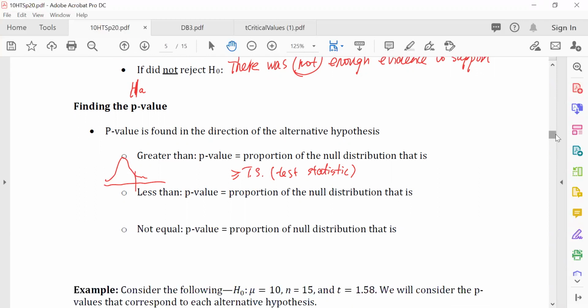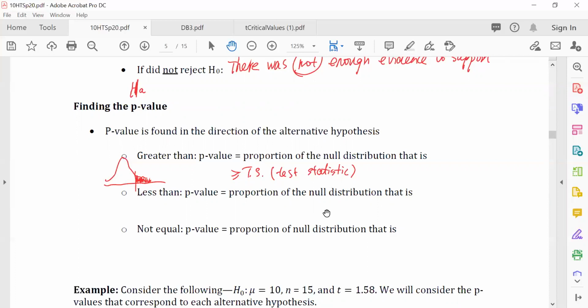So the p-value is the proportion that is greater than this test statistic under this null distribution. So if your alternative hypothesis has a greater than sign, then this area under the curve to the right of the test statistic is your p-value.